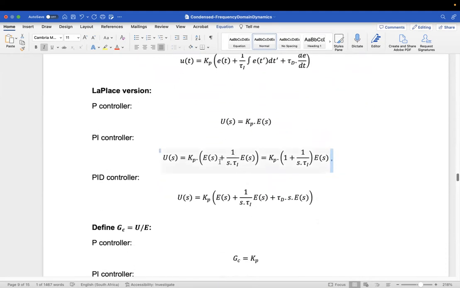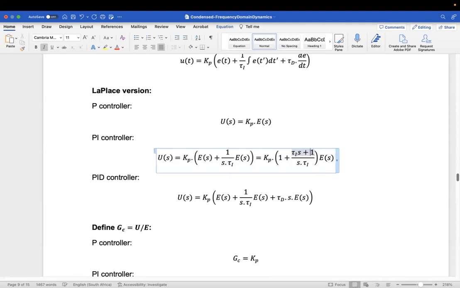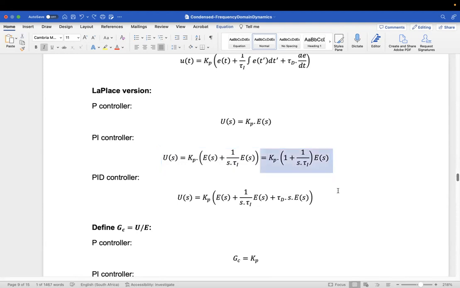So here you don't, and the equation is much simpler. And you can also start to see why we introduced this as 1 over tau I, right? Because if you take this one and put it in the numerator here, then we're going to get tau I s plus 1, right? Or in fact, let's do it as a new part. So this was what we had written there, and I'm just going to copy this out.